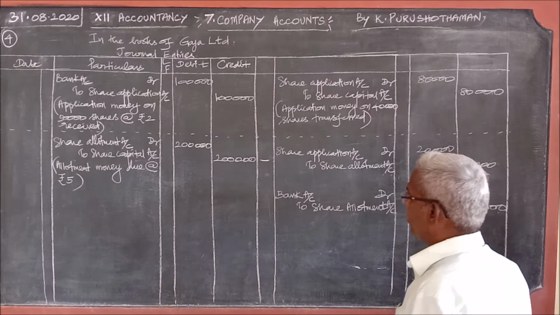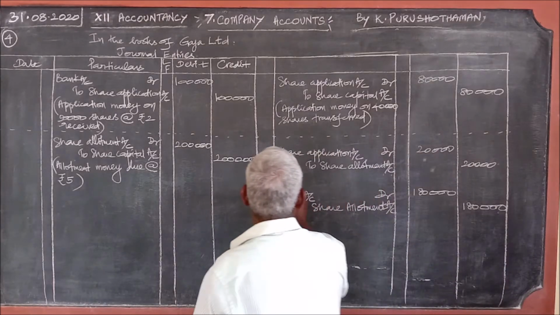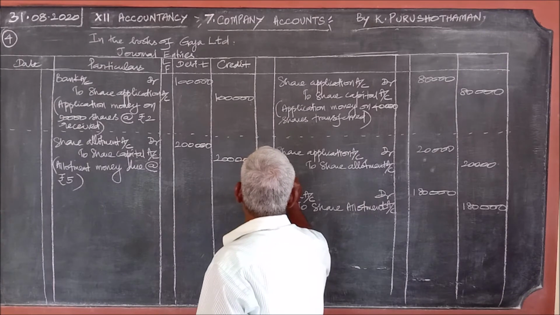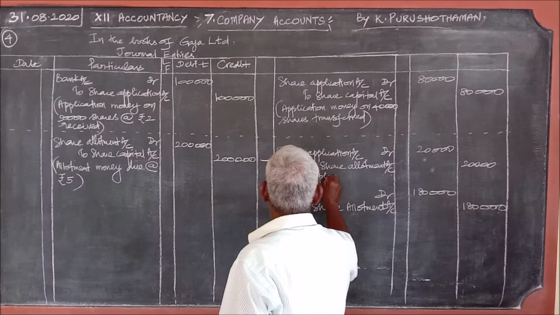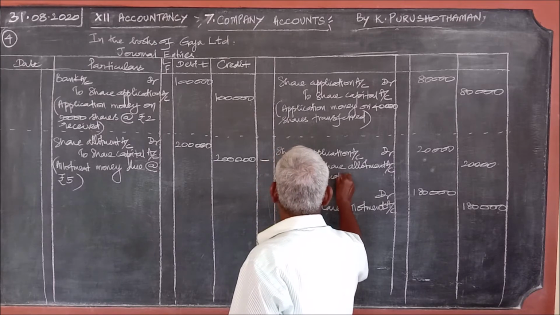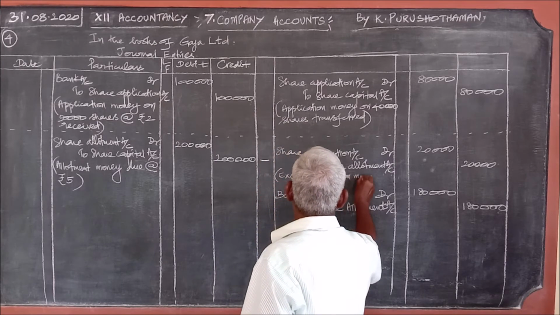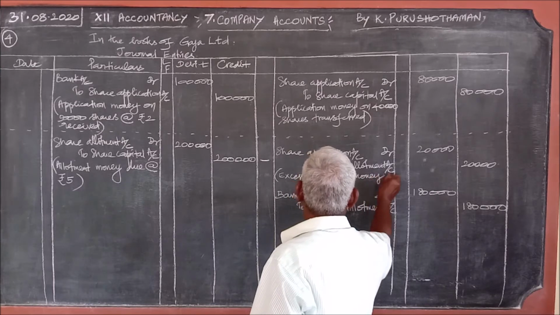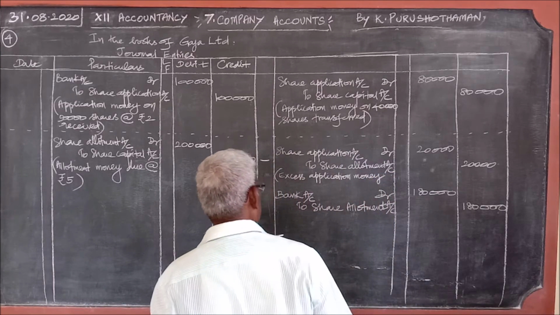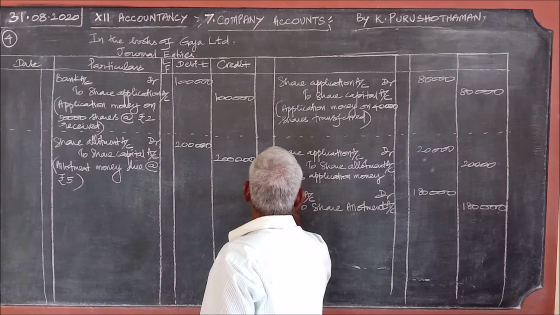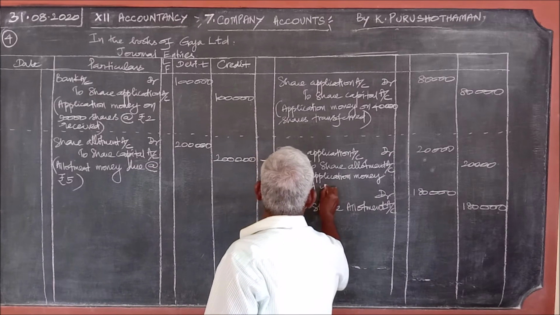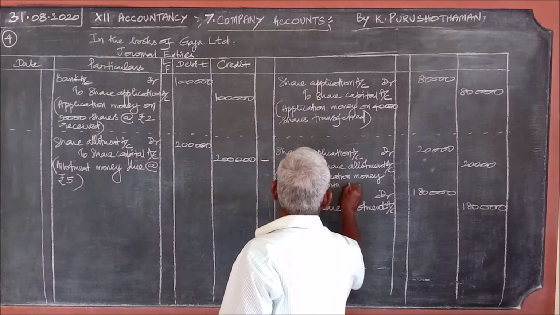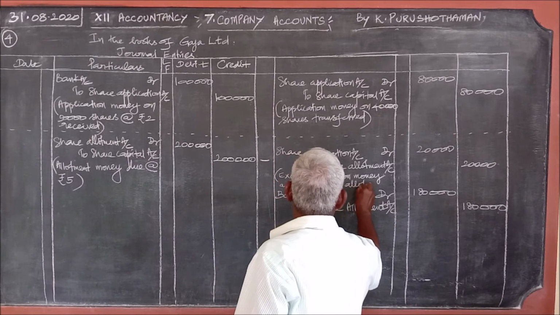So, what should be the narration here? Excess application money adjusted with allotment.